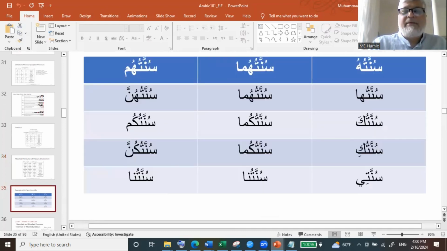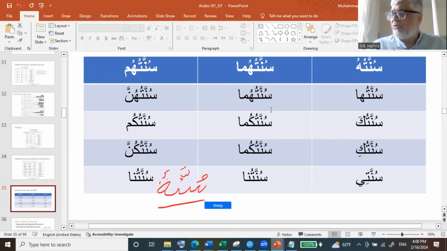Then we looked at a feminine noun, like sunnah. It's a feminine noun because it ends with ta marbuta. Sunnah, sunnatun, means sunnah. So if you want to say his sunnah, sunnatuhu, then this ta marbuta turns into a regular ta.